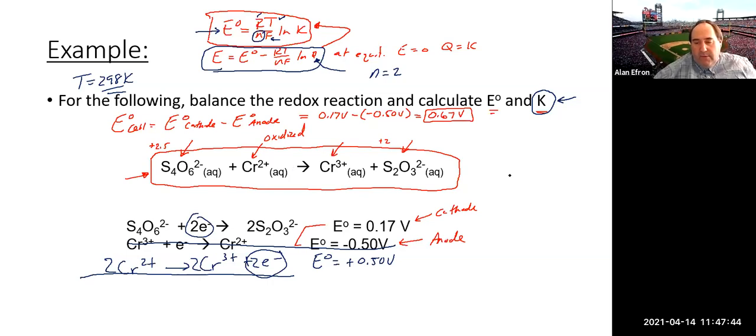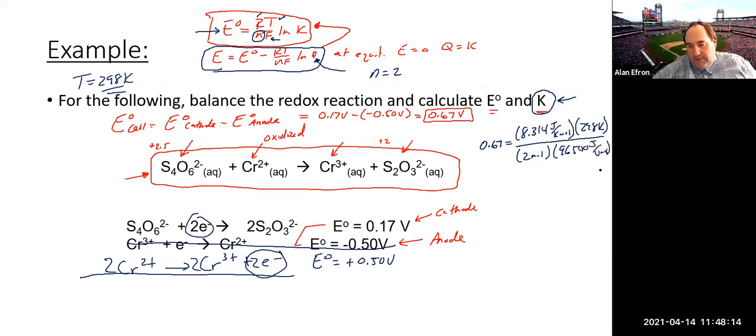So we will go with 0.67 is going to equal our R, which is 8.314, our temperature at 298, divided by our N, which was 2, and our Faraday's constant, which is 96,500 joules per volt per mole.